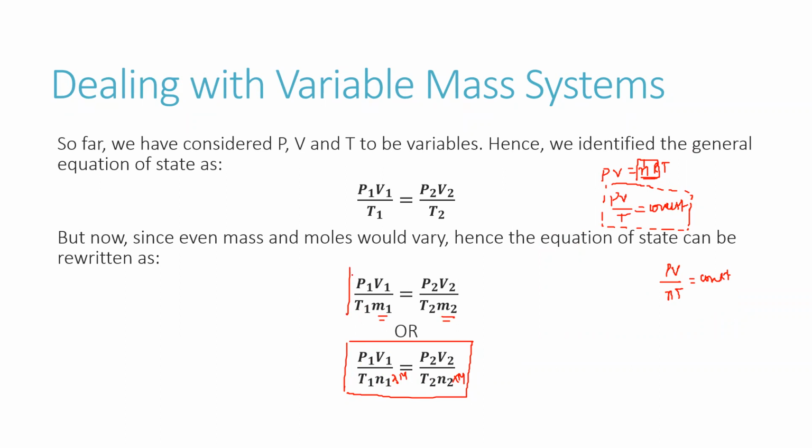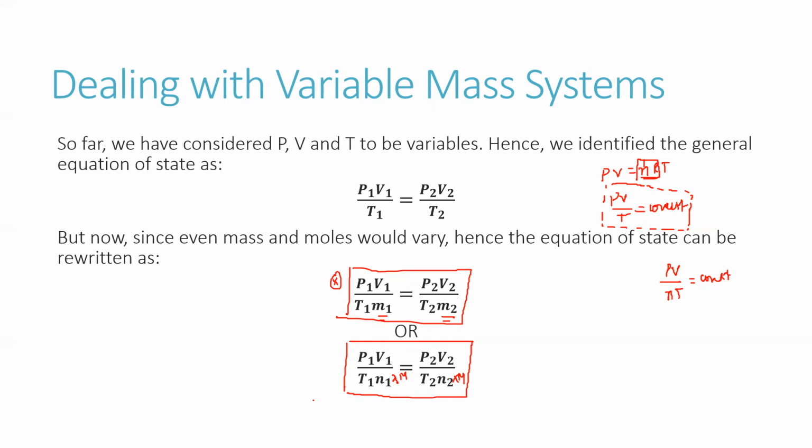So this case can be followed too: P1 V1 by m1 T1 is equal to P2 V2 by m2 T2. Both these equations are true for variable mass concepts. So whenever we are dealing with a variable mass system, one equation can be easily formed using the equation of state.